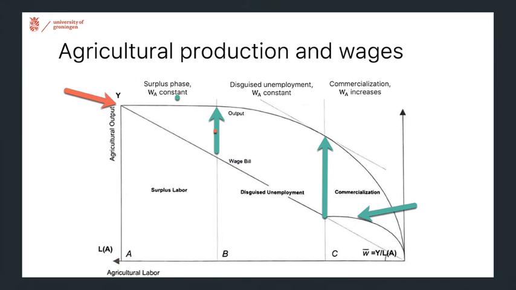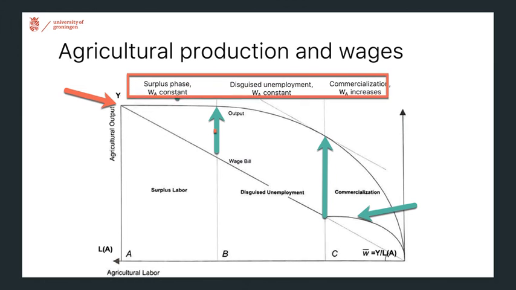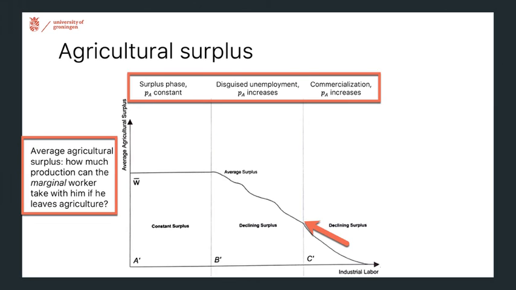So in the very beginning, we saw that in the first two phases, agricultural wages are constant, kept equal at W bar. In the first phase, prices of agricultural products remain constant because the average surplus remains constant, while in the second phase, the average surplus starts to decrease, and thus prices of food start to increase.